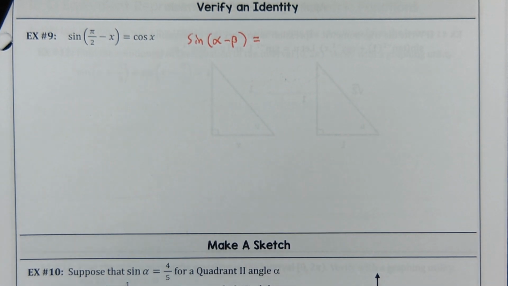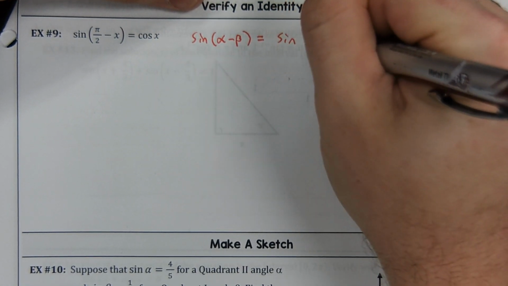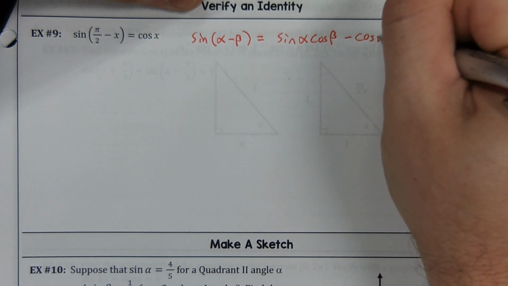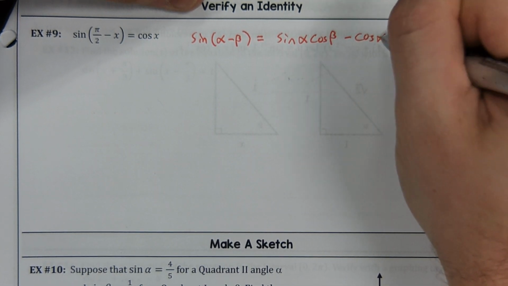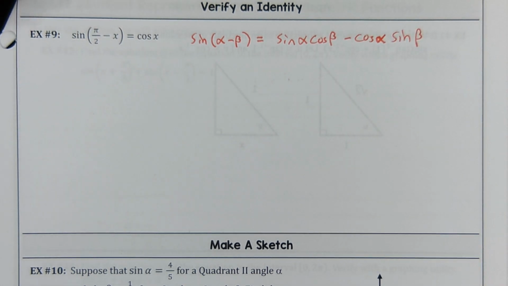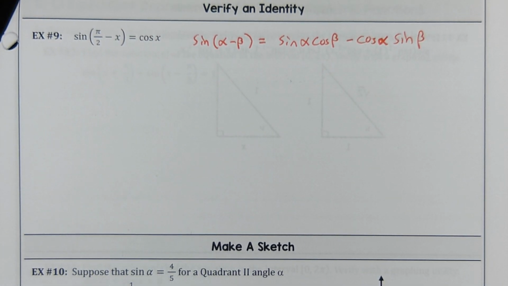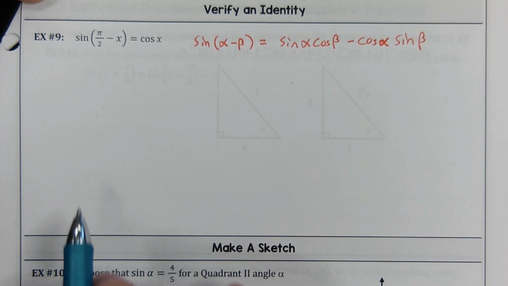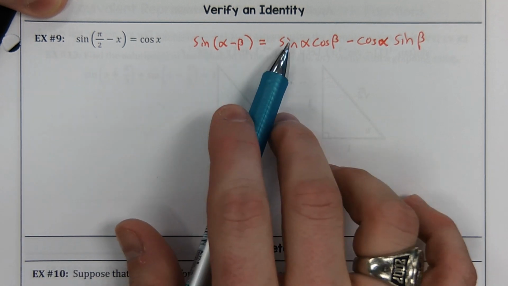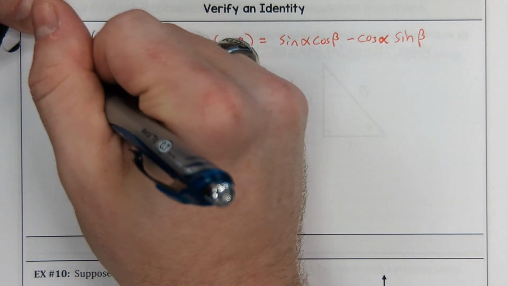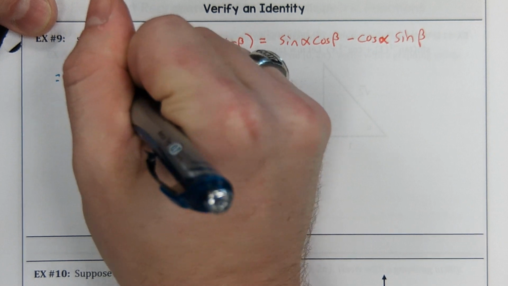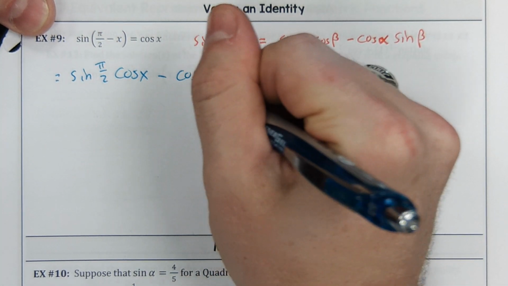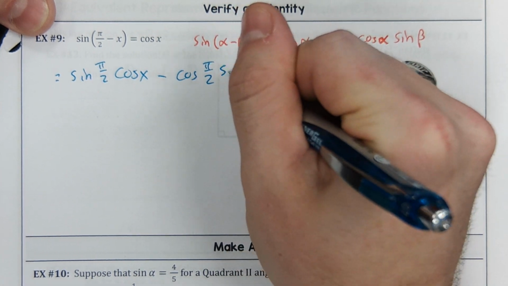Sine cos, cosine, same symbol. That means this thing on the left can be written as sine of pi over 2 cosine x minus cosine pi over 2 sine of x.